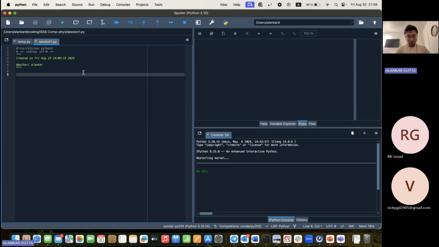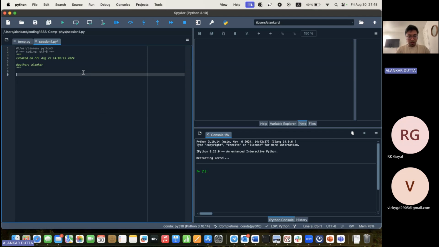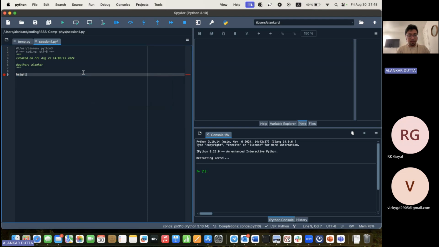So if d is your distance, or h is the height of the body, then height is equal to, if you are going with some initial velocity, u0, plus times time.